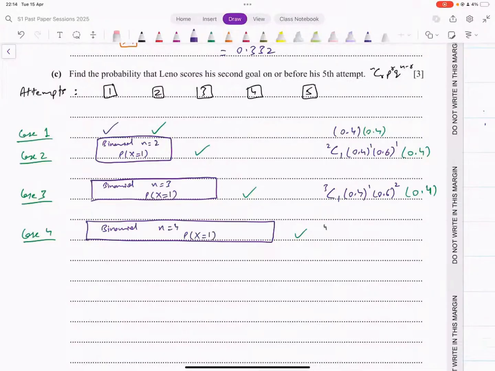That will be 4C1 into 0.4 raised to power 1 into 0.6 raised to power 3. And then we have another success here, that is 0.4. So you calculate the probabilities for these cases, you add them up together, and that's going to give you the final result.